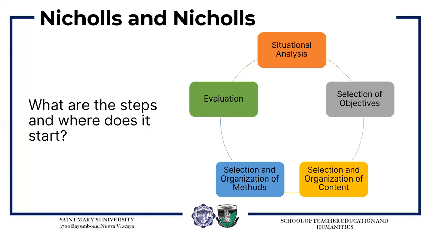Only that it is not in a linear arrangement, but in a circular or cyclical arrangement. The model is highly prescriptive and dynamic. It's dynamic because changes can happen at any point or at any step of the model.